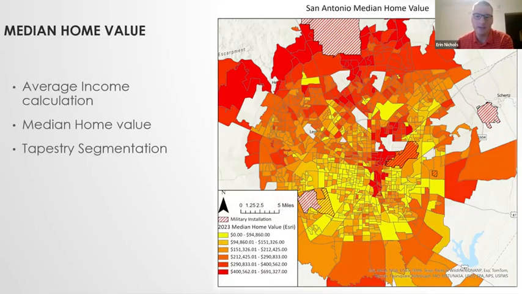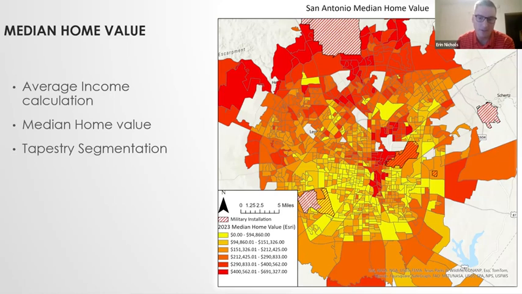Neighborhoods such as Alamo Heights, Stone Oak, and Dominion consistently show a higher median value, with houses exceeding 400,000. This is characterized by well-established communities with amenities and desired school districts. The mid-range is North Central, West Hills, and Oak Park, which range from 200 to 300,000.